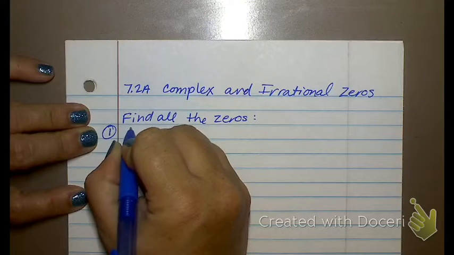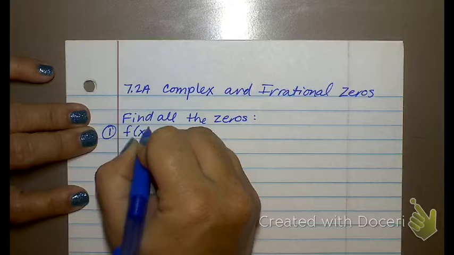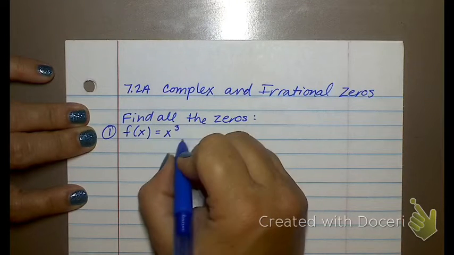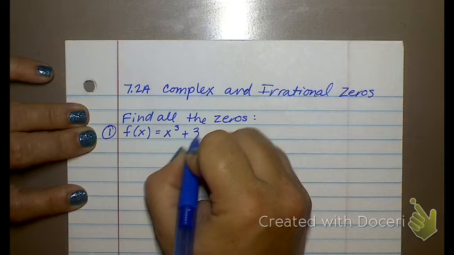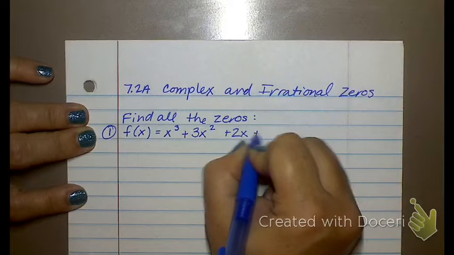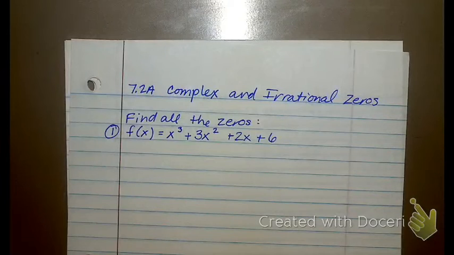So find all the zeros of f of x equals x to the third plus 3x squared plus 2x plus 6. How many answers am I going to have? 3. Not too bad, right?